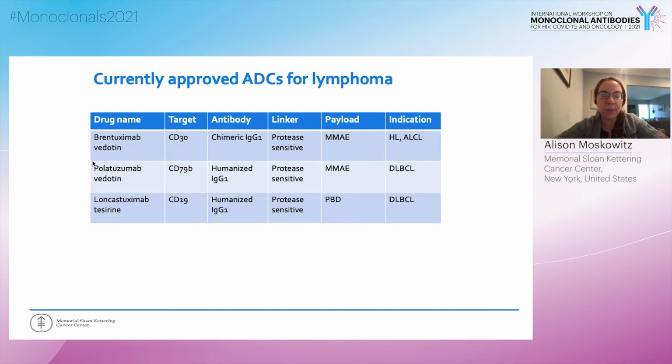And in fact, Polatuzumab vedotin has been evaluated in the frontline setting for diffuse large B-cell lymphoma in combination with rituximab plus CHOP, and at least the initial results from the study indicate that it is improving outcomes for patients. This may result in it becoming a standard of care in the frontline setting for diffuse large B-cell lymphoma, but we're still awaiting more formal results from the study.